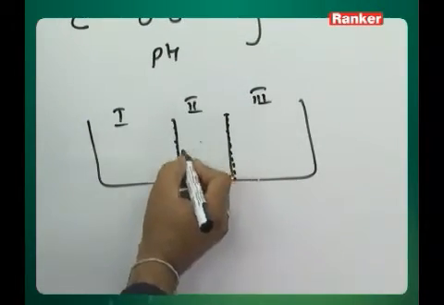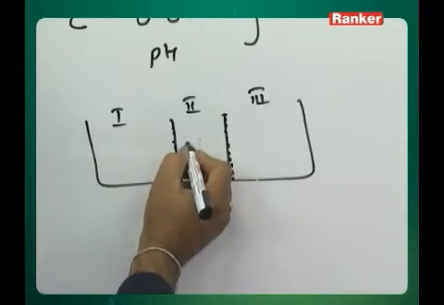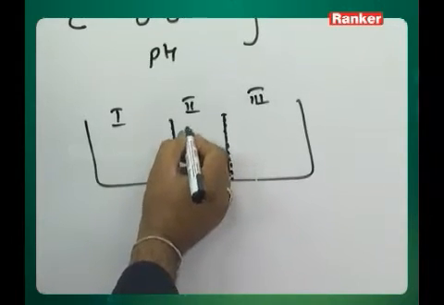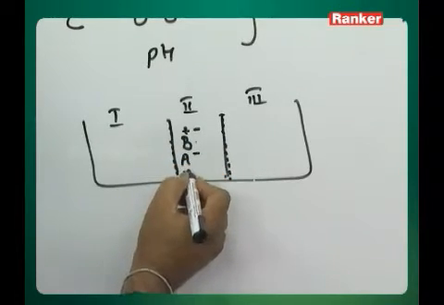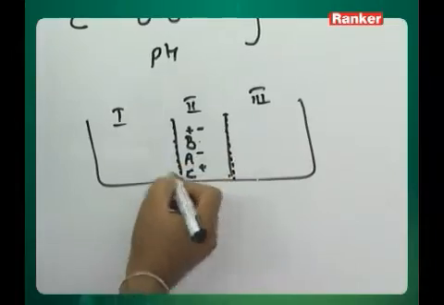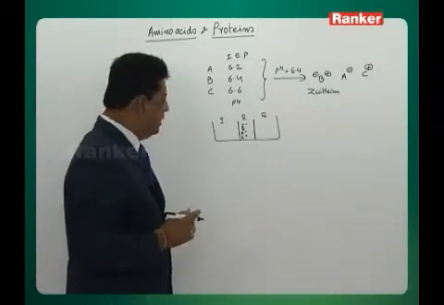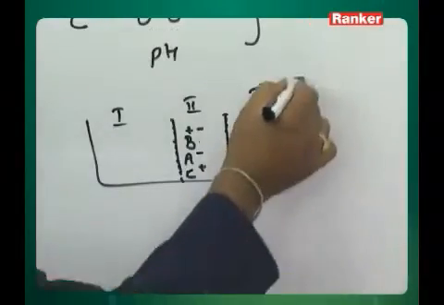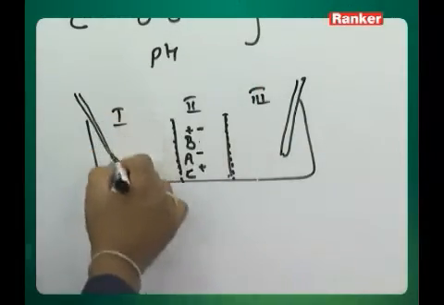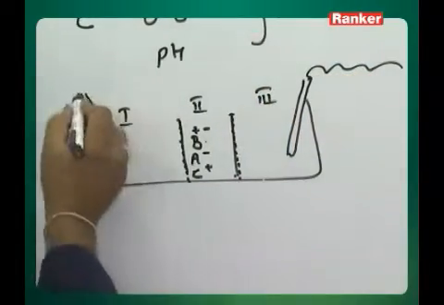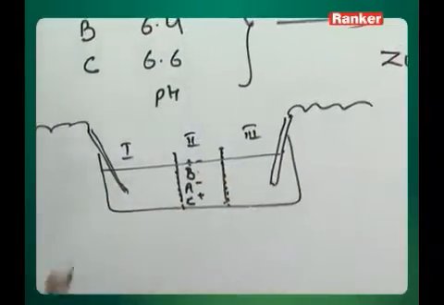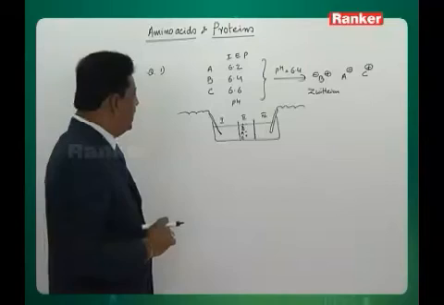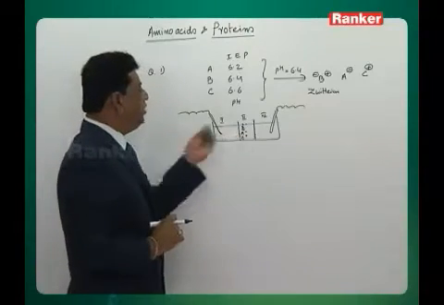B exists, as I said already, plus minus, A is existing as an anion, C is existing as a cation. All 3 were taken in the middle compartment and then subjected to electrolysis. So a current is passed through the electrodes. A, B, C are dissolved in a suitable solvent and taken as electrolyte, and then electrolysis is started.